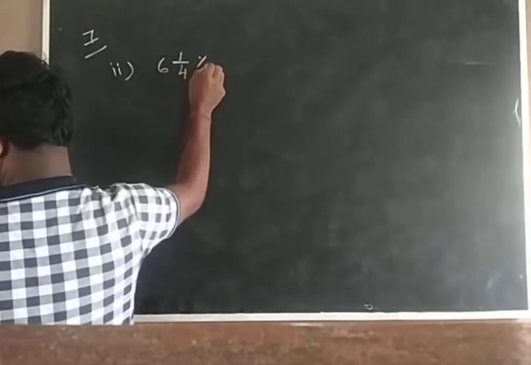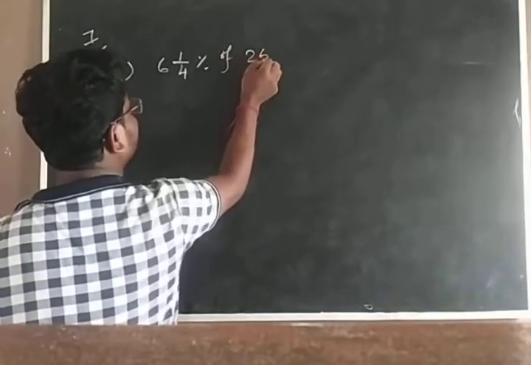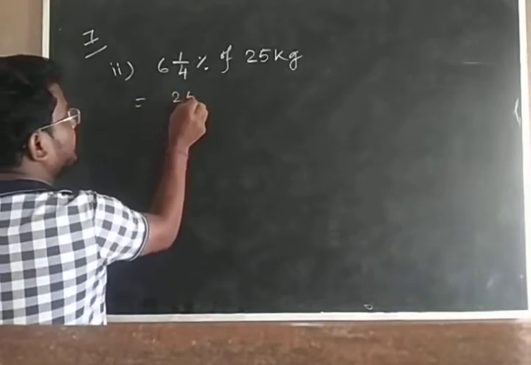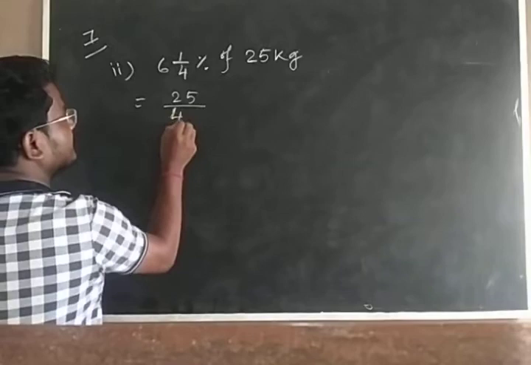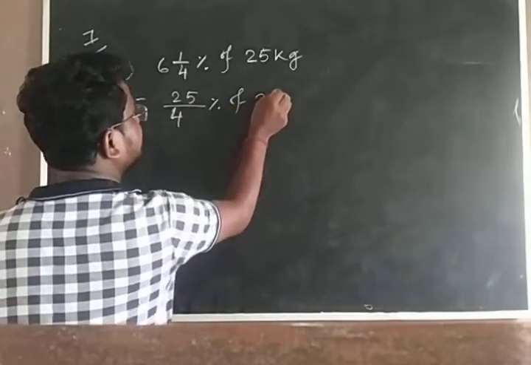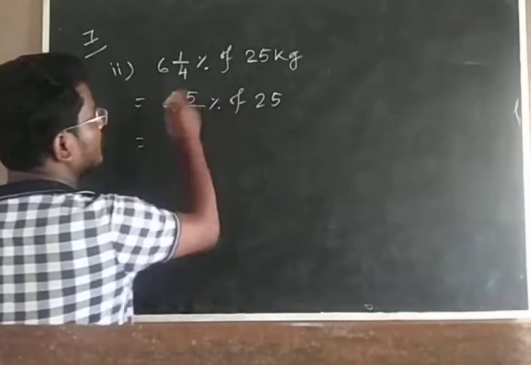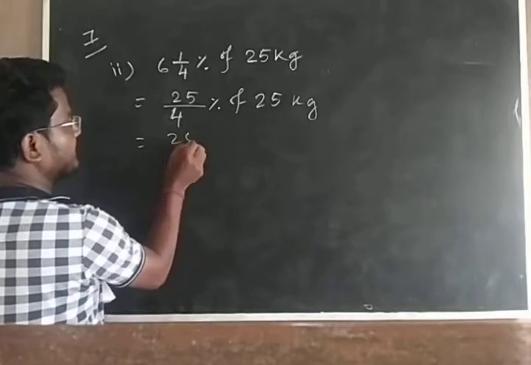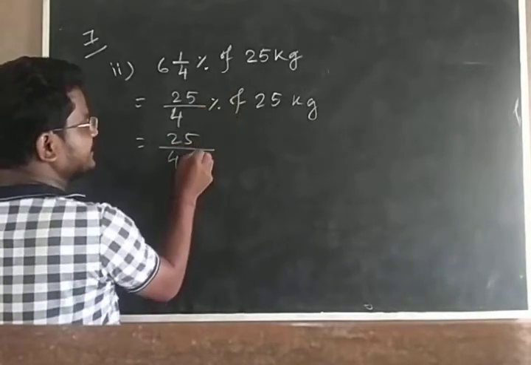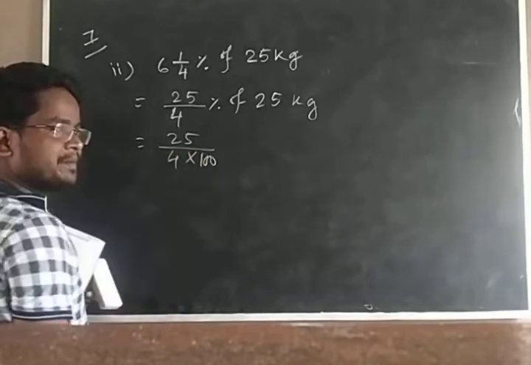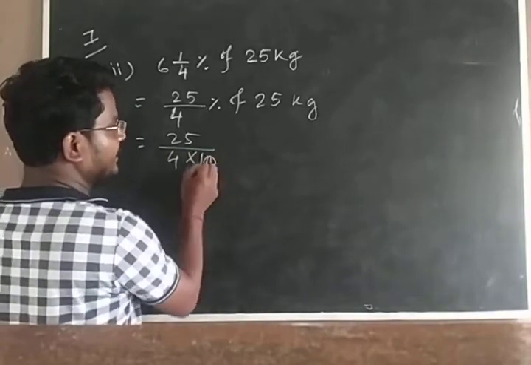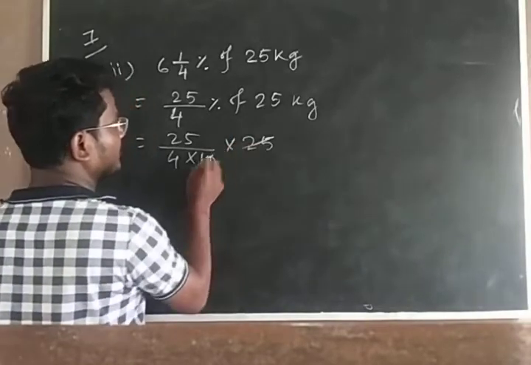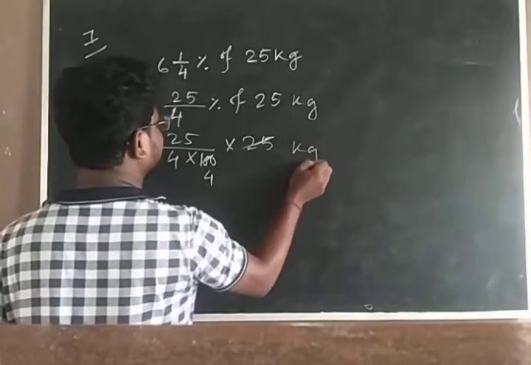7. 6 1/4% of 25 kg. You have to find this percent of 25 kg. 25/4, and since it is percent, it is always compared out of 100. So I wrote here by 100. Of means multiply. 25 into 25 by 4 into 100 kg.